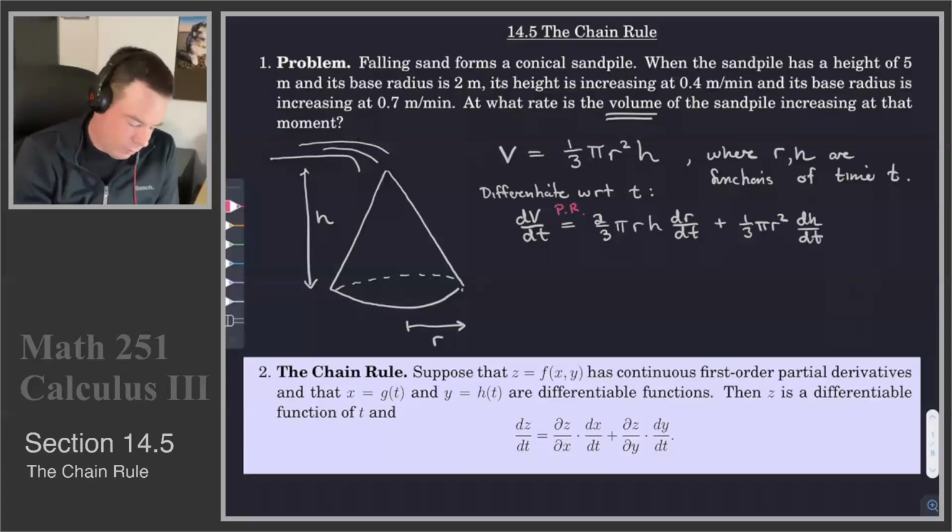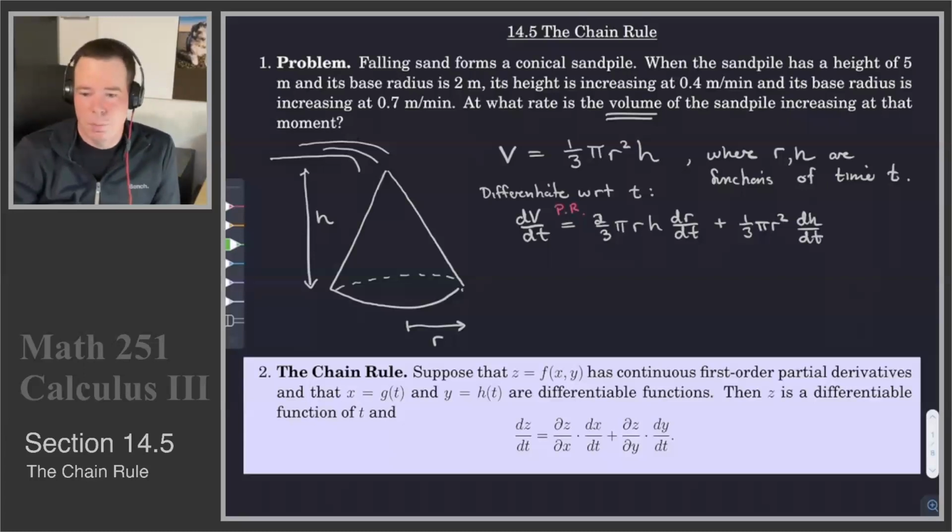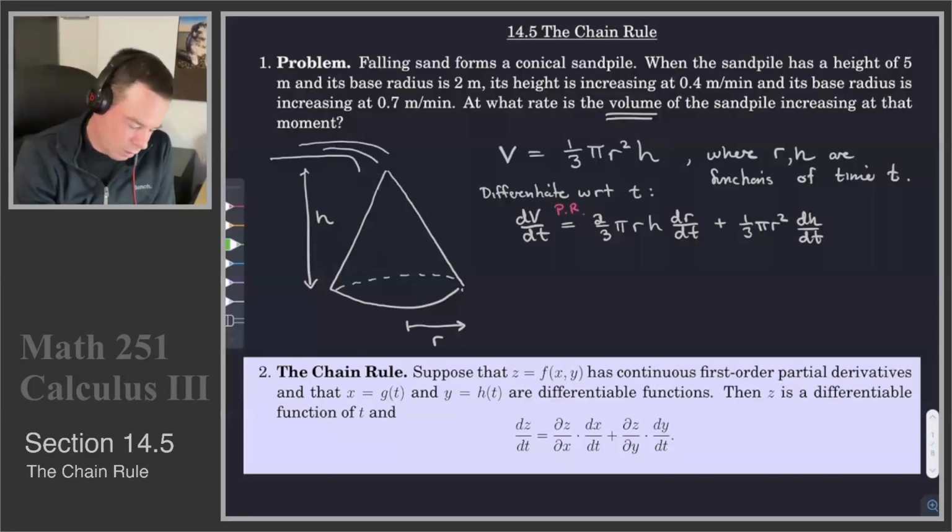Now that we have a relationship between the rates of change of our variables r and h, and the rate of change of our variable volume, we can now plug information in. So now we look at, for the particular moment in time when h is 5, r is 2, we know that h is increasing at a rate of 0.4, that means dh dt is positive 0.4.